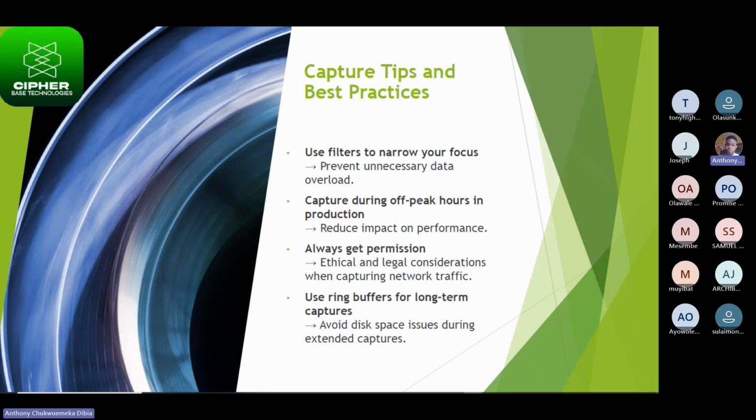You could filter out that IP to know what it did on your network. Then capture during off-peak hours in production to reduce impact on performance. That is, when there is no traffic on the network, you can stop capturing. But when there's traffic, you can start your capturing.